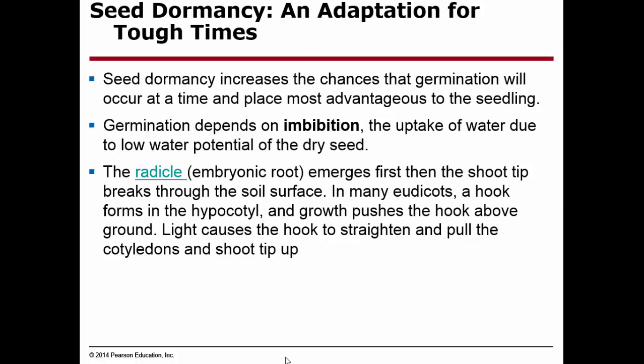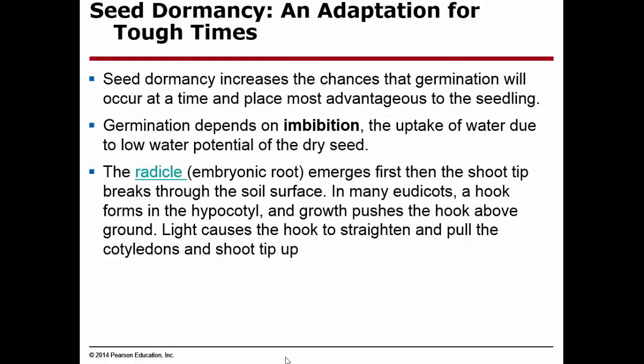So the seed needs a lot of water in order to grow, but the uptake of water is basically automatic. In a wet environment, the water is going to move from a higher concentration to a lower concentration. So the drier the seed, the more potential it has for taking up water.